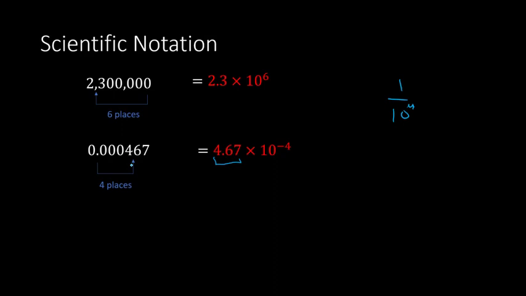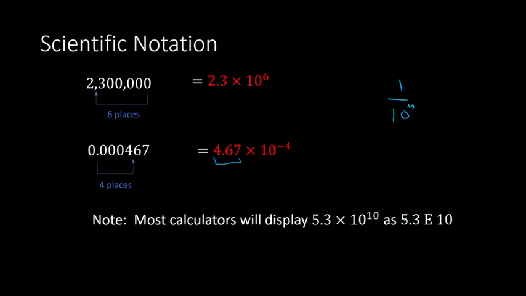And take note that on your calculator, if you're doing different calculations, if you see right here 5.3 and then E10, many calculators will write it like this. And what that means is the same thing as 5.3 times 10 to the 10th power. So this E is another way of writing 10 with this exponent.